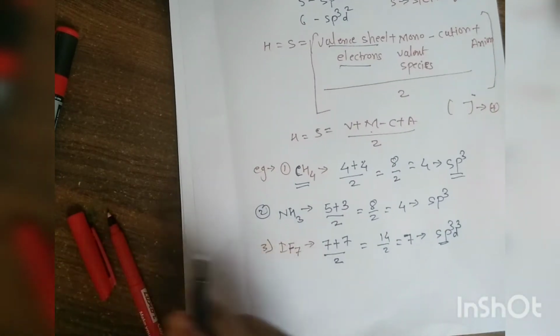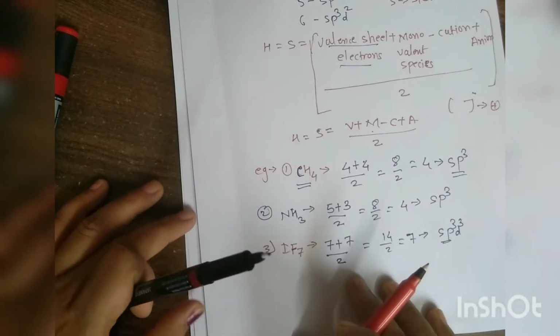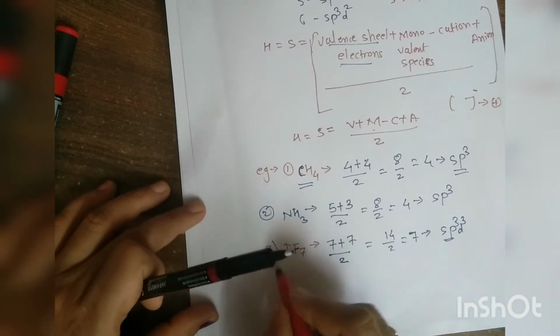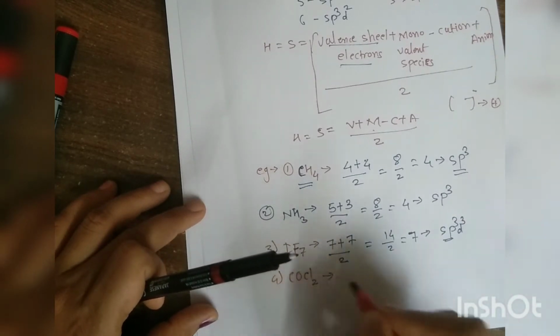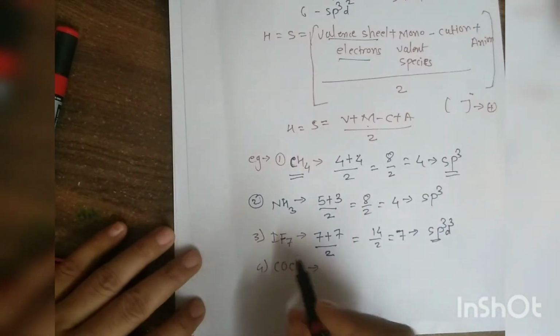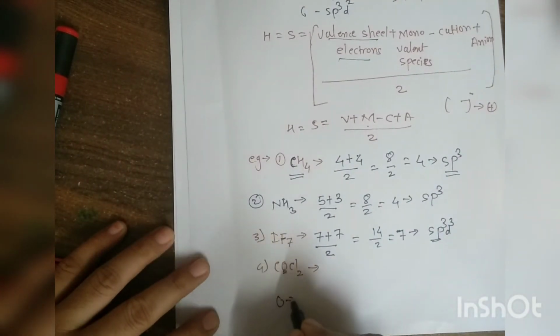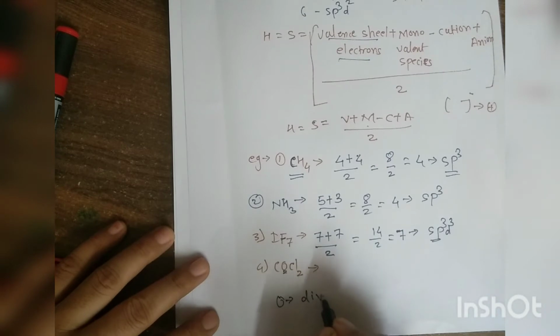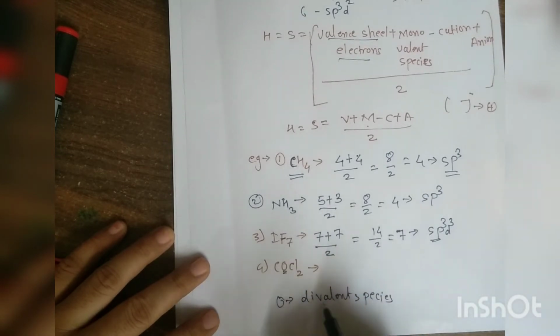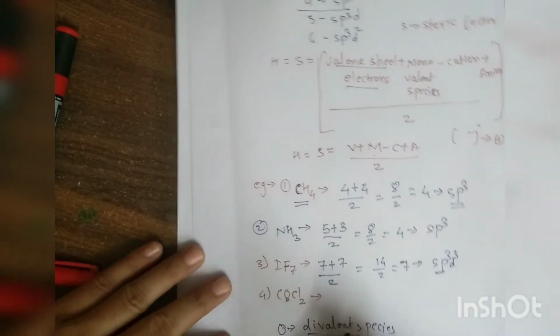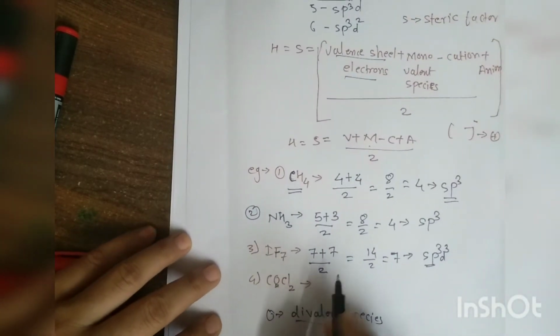Now we have taken another example, COCl2. What happened here? This oxygen is a divalent species, so we can't count the divalent species to calculate the hybridization.